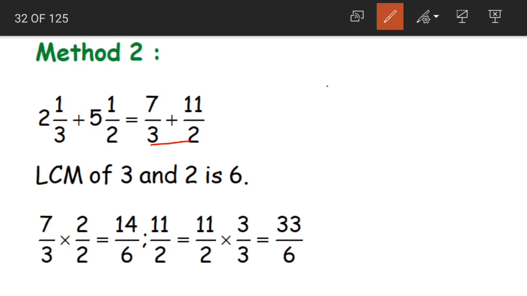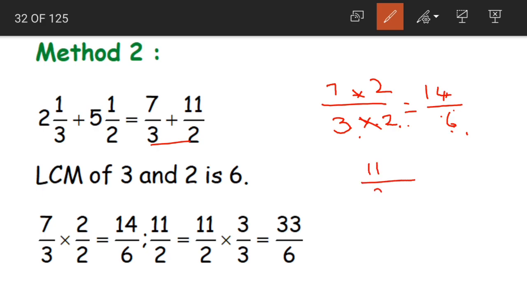Now converting this into like fractions. LCM is 6. Now how will we get 6 here? 3 into 2 is equal to 6. So multiply with 2 in the numerator as well. 7 2s are 14 divided by 3 into 2, 6. Now the next one is 11 by 2.